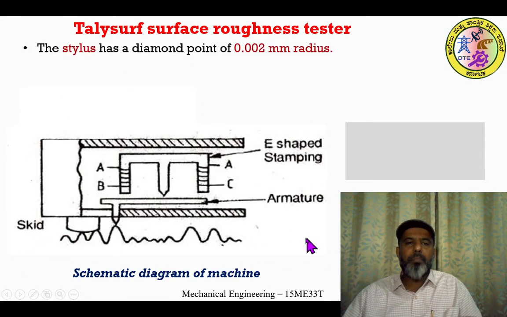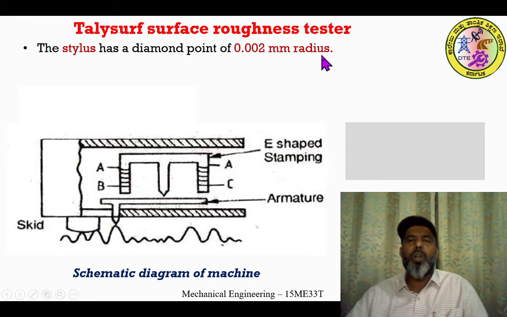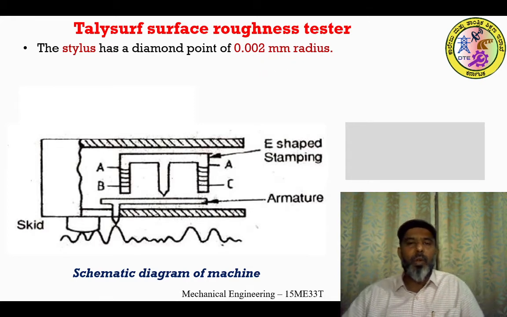And the main part in a Talysurf surface roughness tester is the stylus. This is the stylus, and at this point it has a diamond point with a radius of 0.002 mm, or 2 micrometers.